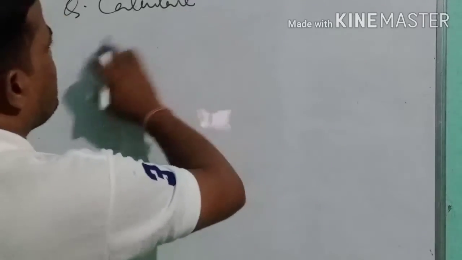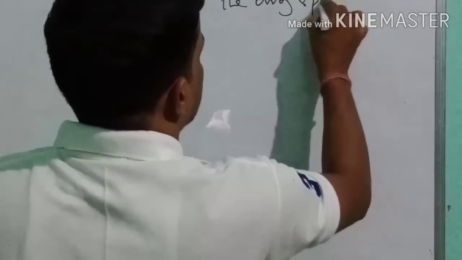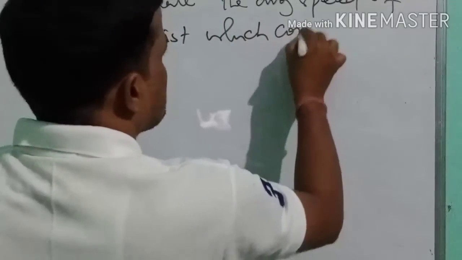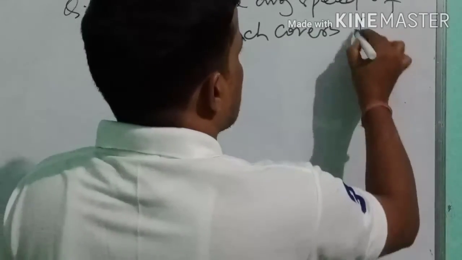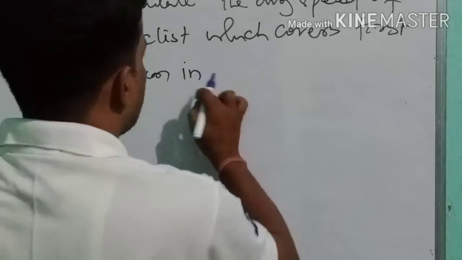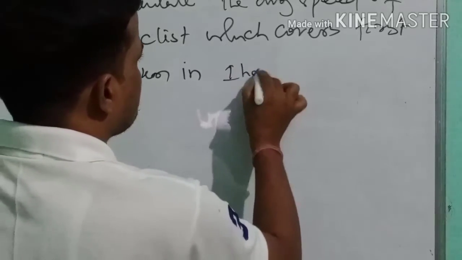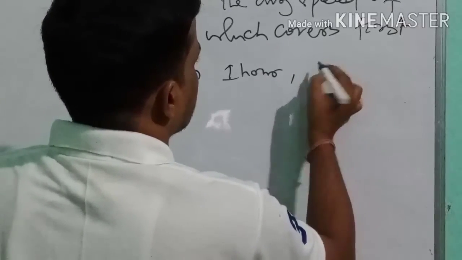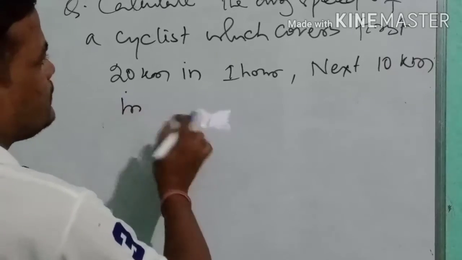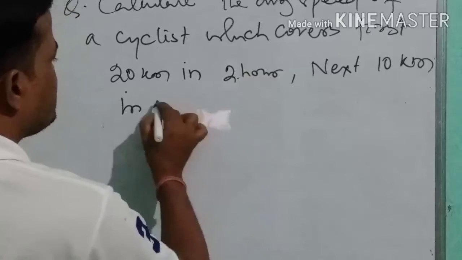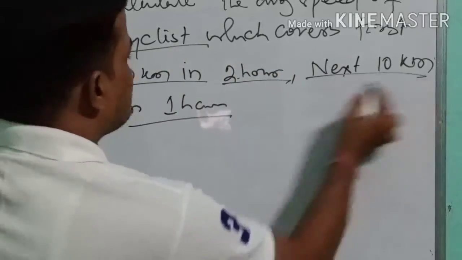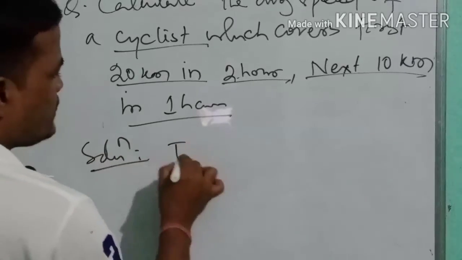Calculate the average speed of a cyclist which covers first 20 kilometer in 2 hours and next 10 kilometer in 1 hour. To calculate the average speed of a cyclist which covers first 20 kilometer in 2 hours and next 10 kilometer in 1 hour. So let us see here total distance.